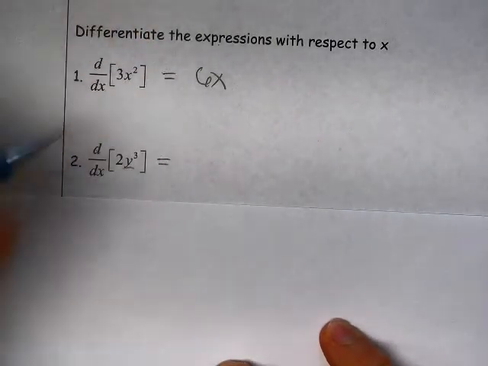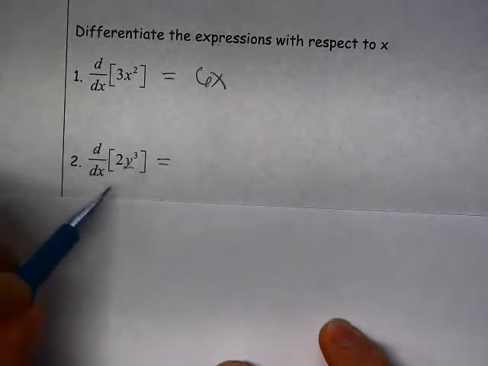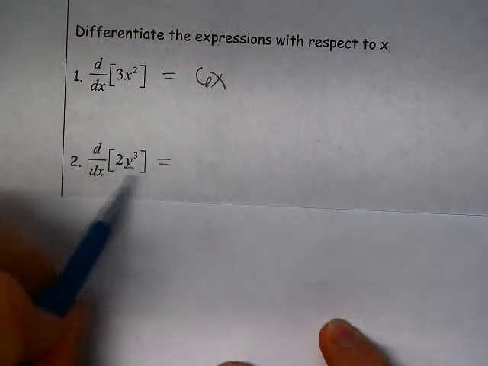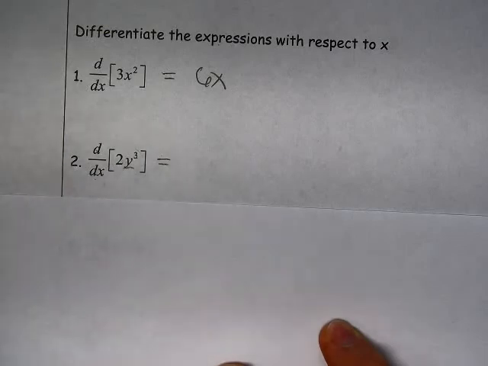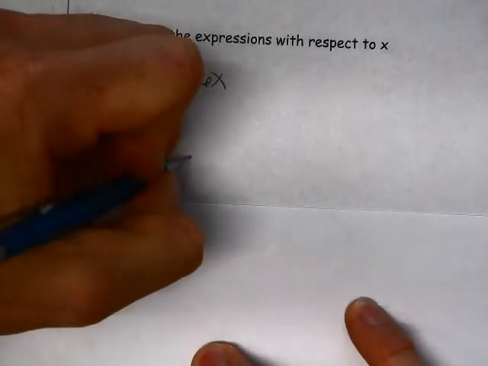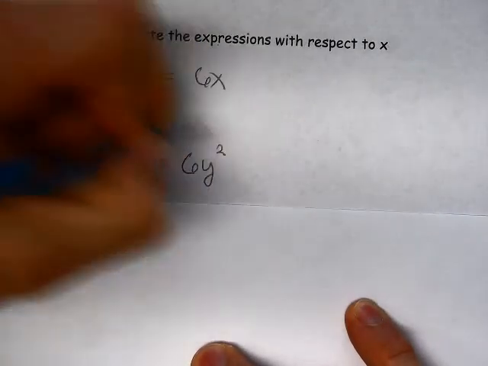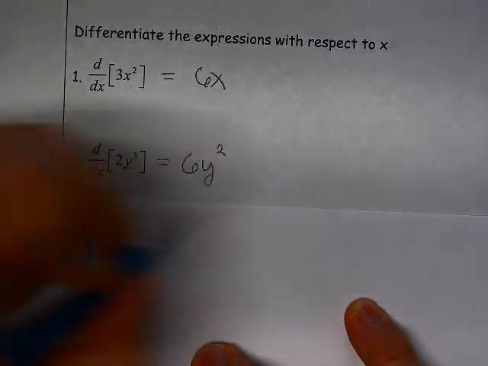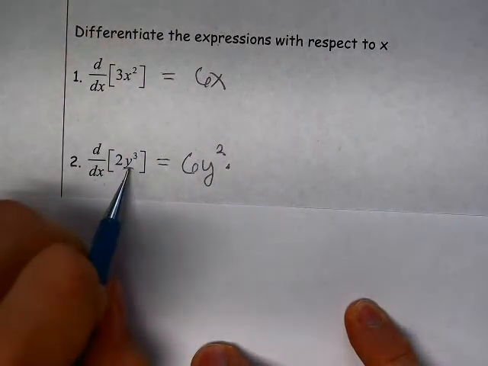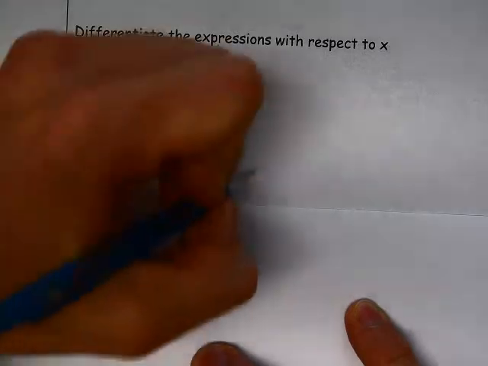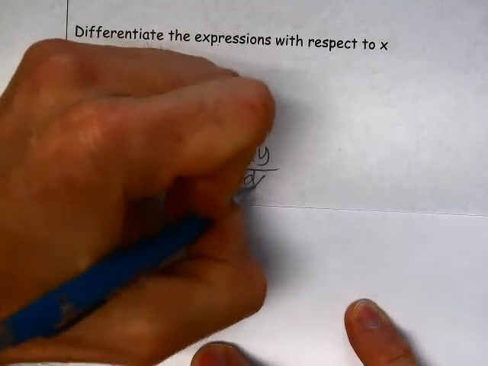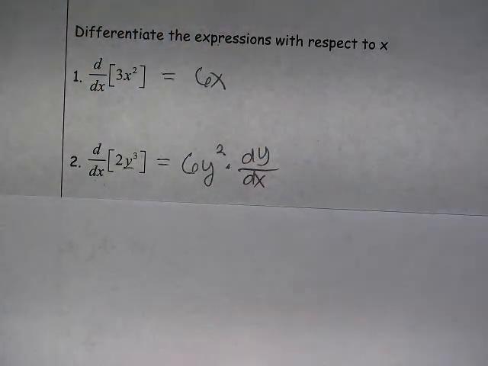The derivative with respect to x of 2y cubed, we're going to apply the power rule first. So this exponent comes and multiplies by the 2. So we have 6y squared. Now the derivative of the inner part of y is dy dx. That's the chain rule part of that problem.